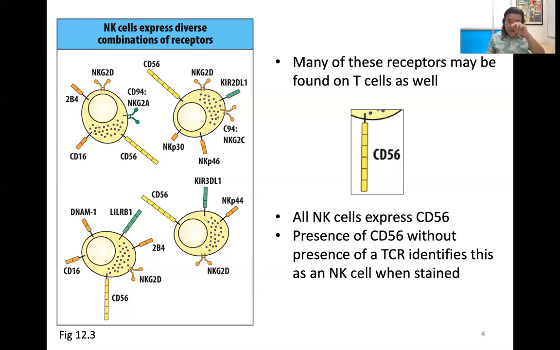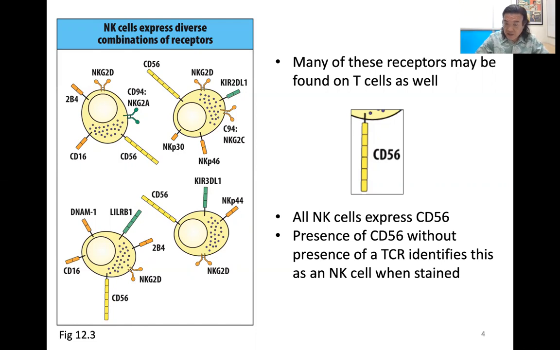So in other words, if you're looking under a microscope and you see a bunch of cells, and you say to yourself, I wonder what kind of cells these are, because they just look like cells, maybe you can stain the slide with some antibody that detects CD56, and maybe this antibody has some sort of fluorescent molecule attached to it. So then when you expose the stained cells on the slide to a particular wavelength of light, maybe you can actually identify, oh, look, those cells are glowing. Those are most likely either NK cells or T cells.